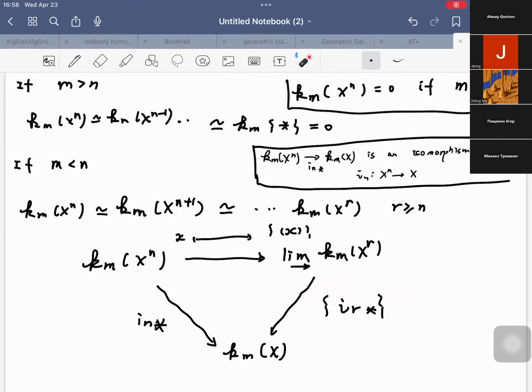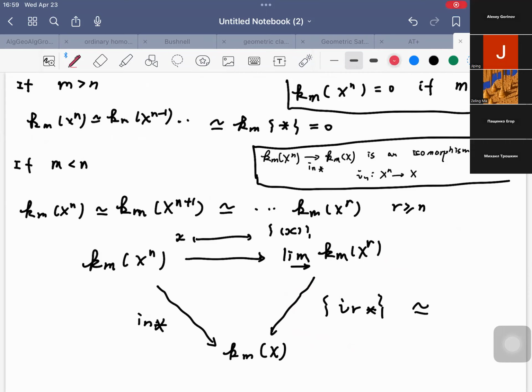Maybe this is the most difficult part. Let's assume for a minute this map is an isomorphism, and let's prove it later.